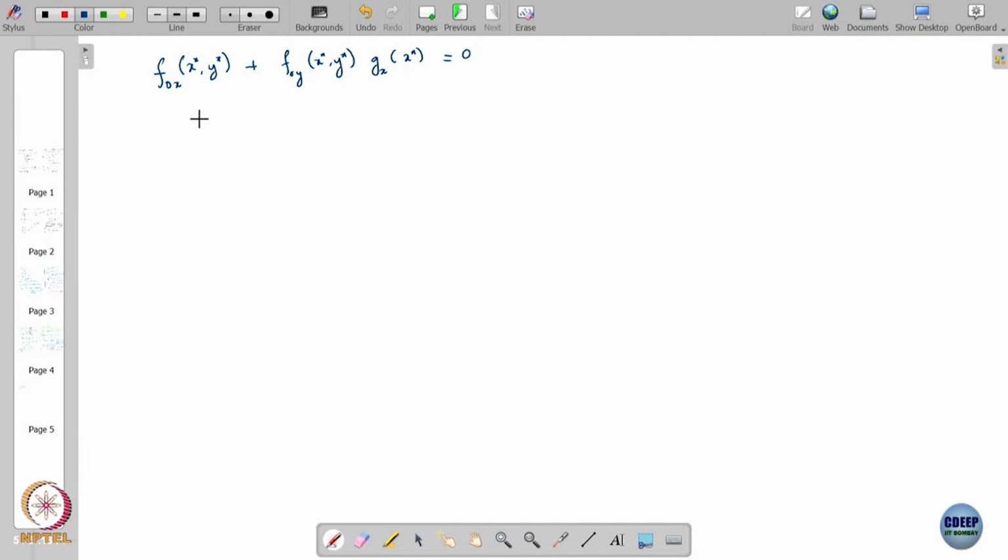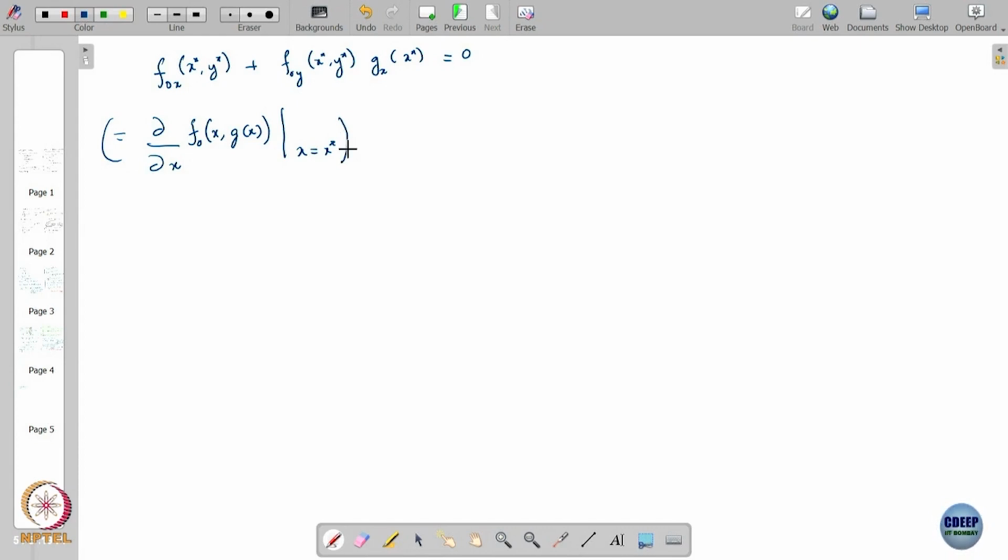What is this quantity, the left hand side here? This is simply the partial derivative with respect to x of the function f0 of x comma g of x evaluated at x equal to x star. I have just applied the chain rule to get this.